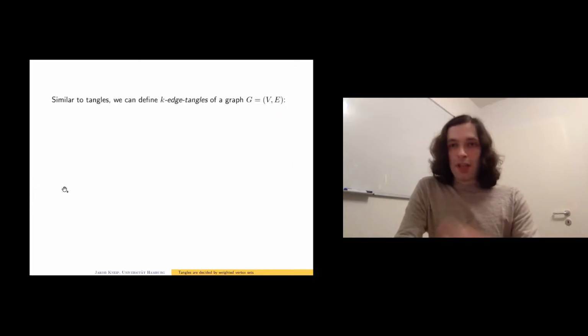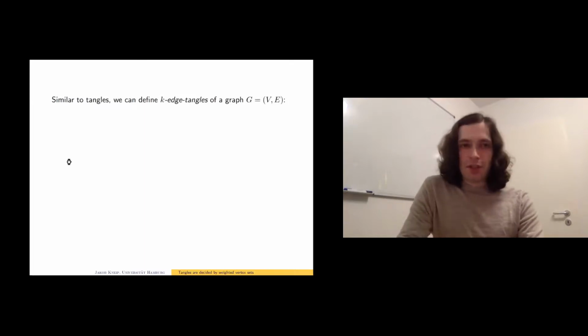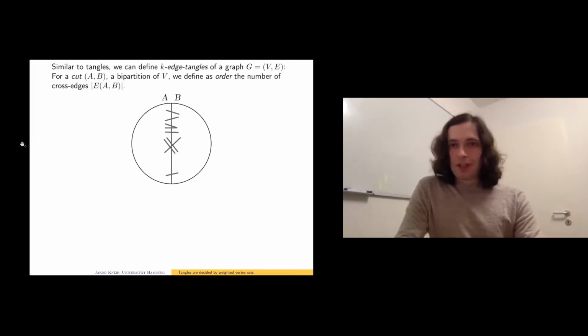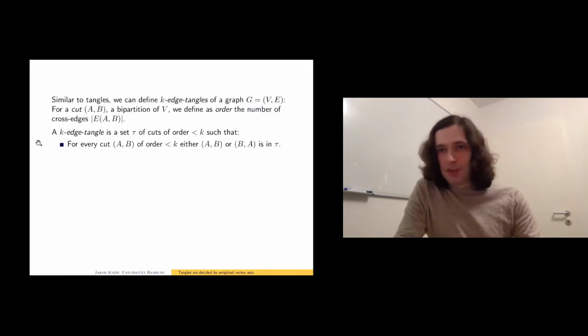So here's how you would do that. You can adapt the definition of a tangle almost without changes. So let's first define what a cut is. A cut in a graph is a bipartition of the vertices. So this time we have no overlap between the two sets A and B. And the order of a cut is the number of cross edges, so edges that are incident with both A and with B. And for these, we can define a K edge tangle, again with this parameter K. So this is going to sound very familiar now.